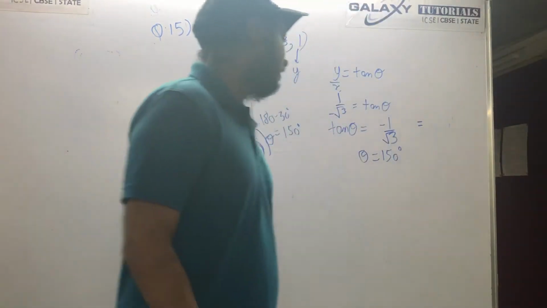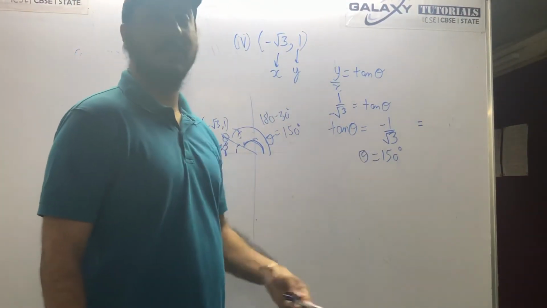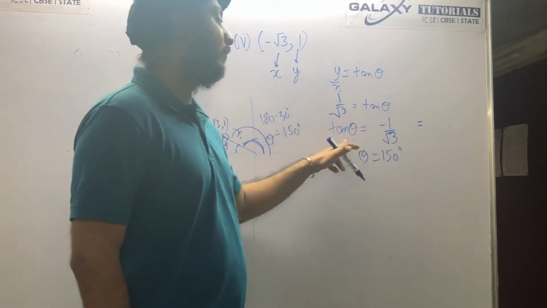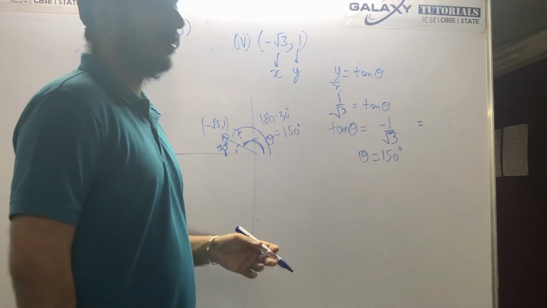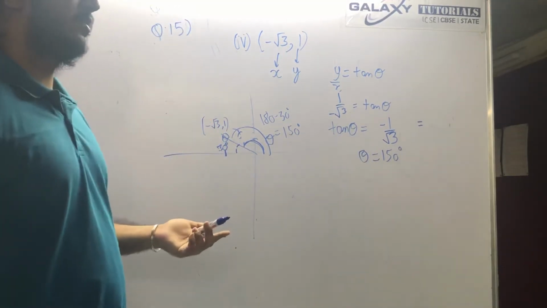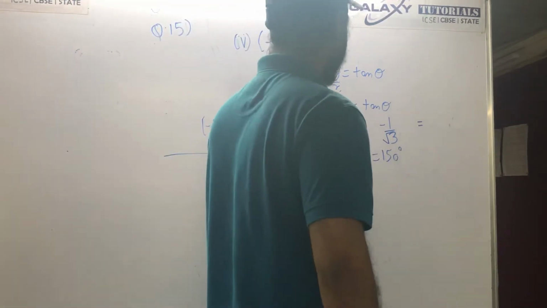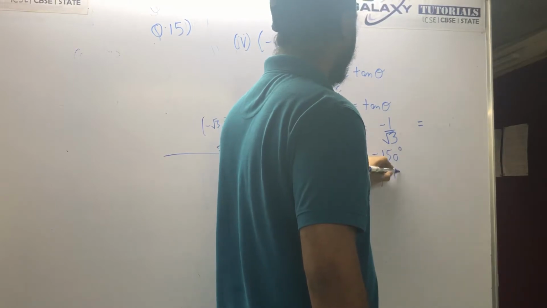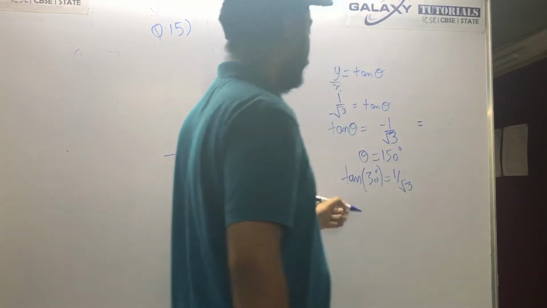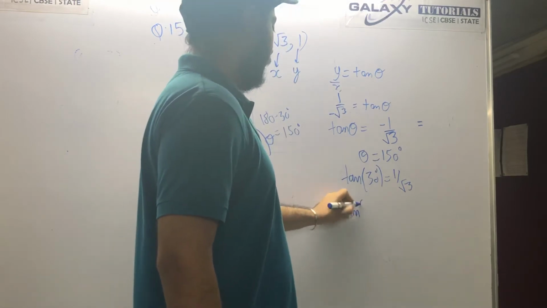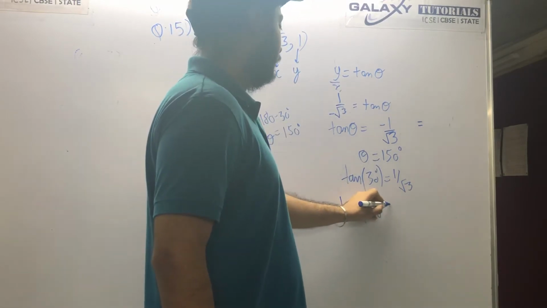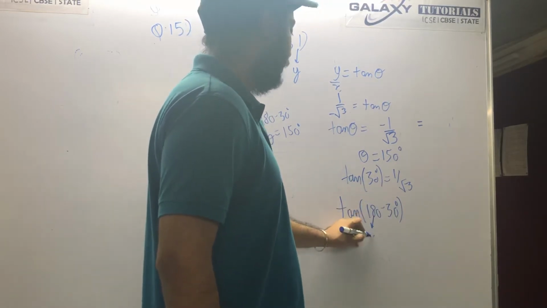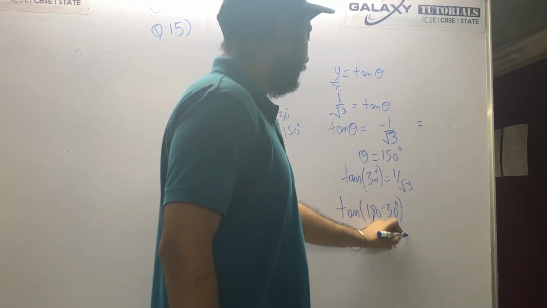Or you can just imagine at what point the value of tan is negative, tan is minus 1 by root 3. Tan 30 is 1 by root 3. Now you can also write it like this: tan of 180 minus 30 is equal to how much? 180 is 90 into 2, minus 30 degrees.